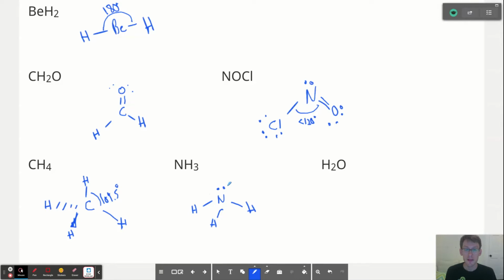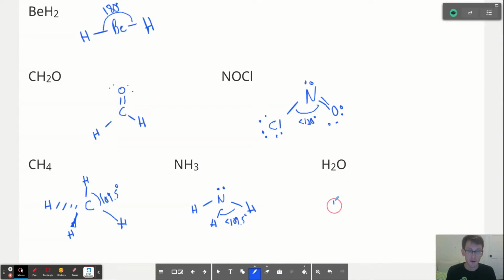And because of this lone pair, it is making it somewhat asymmetrical, not the same as the CH4 where every bond angle is the same. Because this lone pair pushes a little bit harder, we're going to have bond angles that are slightly less than 109.5. This is about 107.